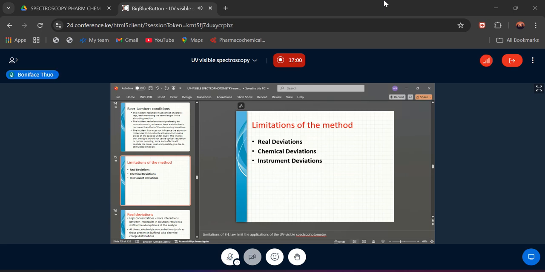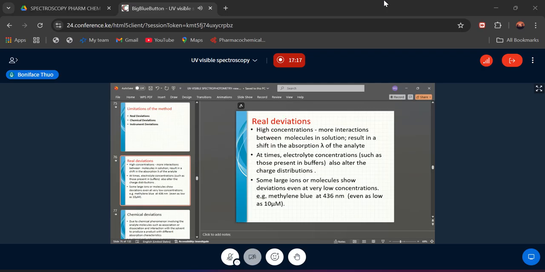There are also deviations arising from chemical aspects of the molecules in the solutions. And then there are limitations arising from instrument components. Let's elaborate on these deviations.